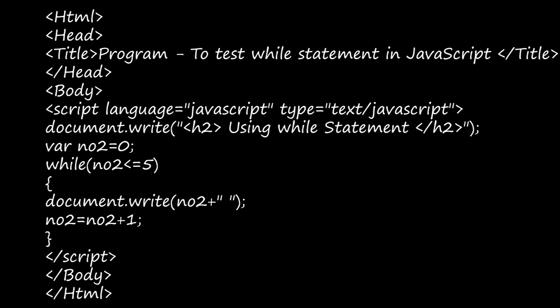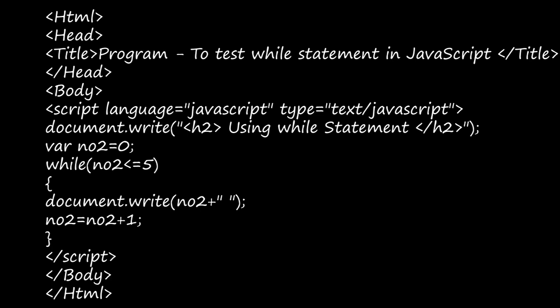Then you have closed the while statement section, and then the closing tags: slash script, slash body and slash html, right? So the output will be, while no2 less than or equal to 5, till 5 the statement inside this while block will be executed, right? So the answer is 0 1 2 3 4. That is the output there, right?